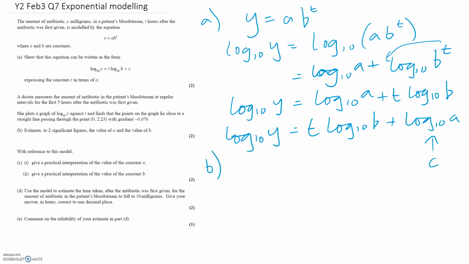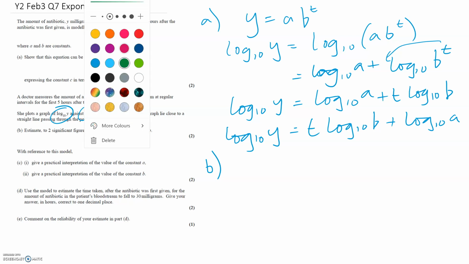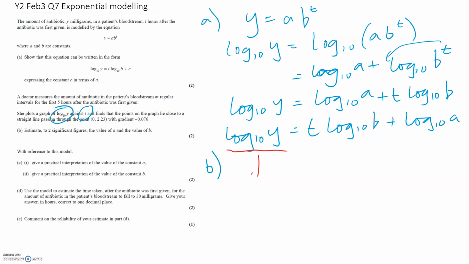In part B, we've got a graph that's been drawn which is log y against t. So effectively this is y, this is x, because the graph is this against this.